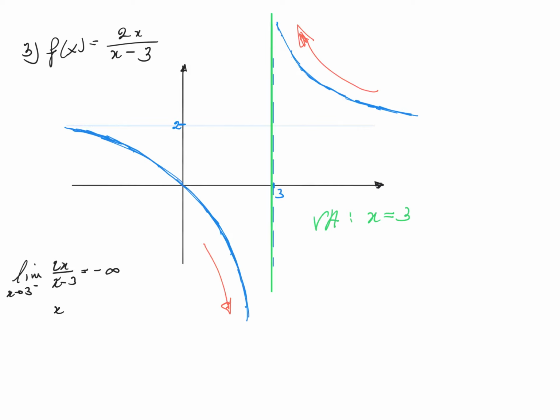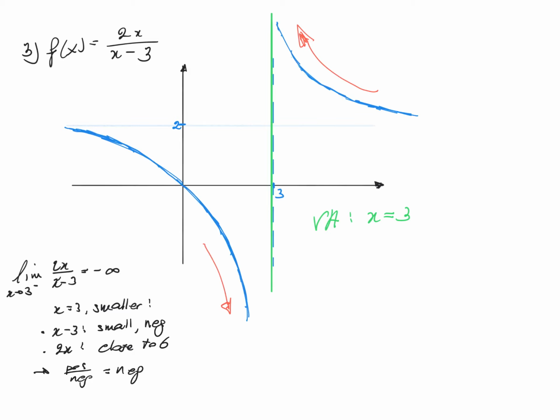Because if x is close to 3 and smaller than 3, then on the one hand x minus 3 will be a small number but negative, and 2x will be close to 6, so positive. And so when we divide, we get a positive number divided by a small negative number, and the end result is negative, so you get minus infinity.